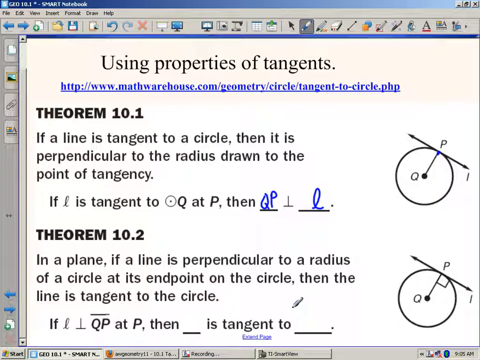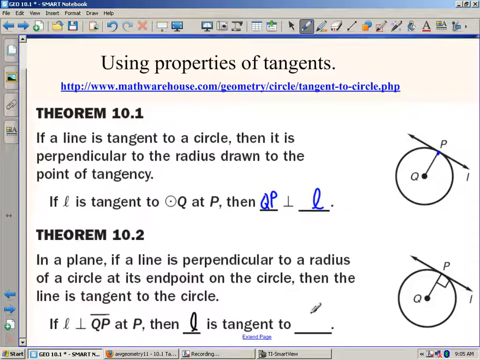So in the plane, if a line is perpendicular to the radius of a circle at an endpoint, then we know that the line is tangent to the circle. So basically this is the reverse of the previous one. We have L perpendicular to PQ at point P, then we can say L is tangent to the circle Q. We're just repeating what they set up above, just reversing the operation.